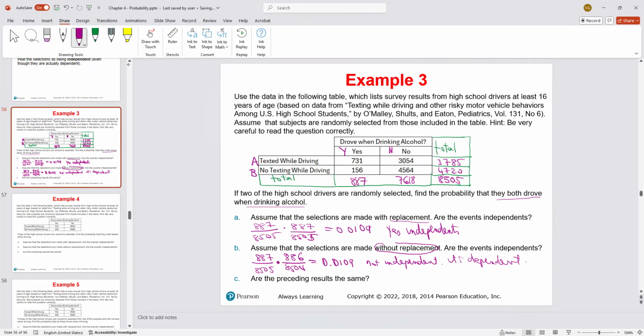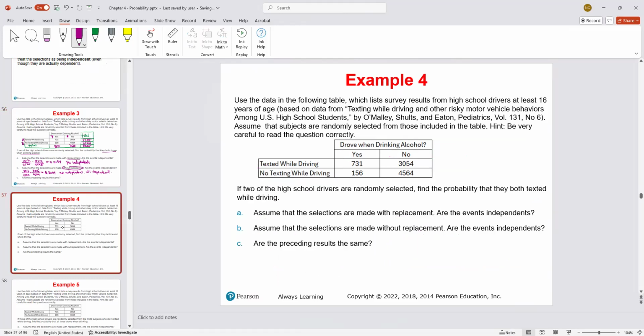Now, let's see a different example. We said find the probability that both drove when drinking alcohol. Now, if you find the probability that they both text while driving, remember you take this one over the total.